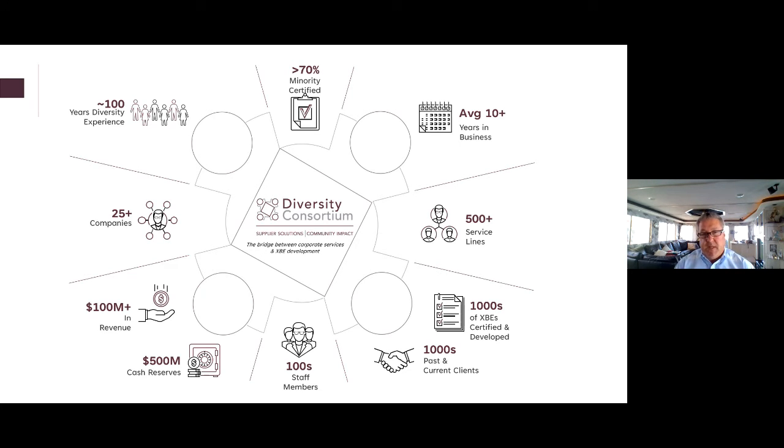So folks, I'm going to take a couple of minutes and we're going to talk about who the Diversity Consortium is and how we came about. The Diversity Consortium is made up of 25 service providers, primarily disadvantaged business certified organizations that provide an end-to-end consultative and program management resource for corporations to be able to build and calibrate their strategies and deploy their supplier diversity programs.